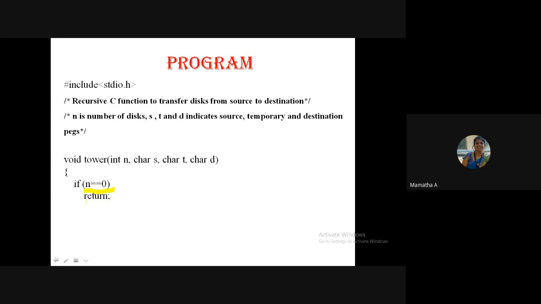Can anybody guess what is the next function call? There are now n disks. What are the 3 steps? First, move how many disks? n-1. n-1 disks from where to where?